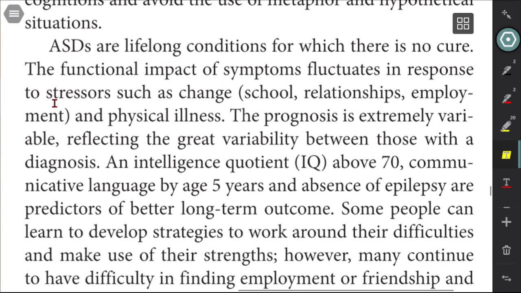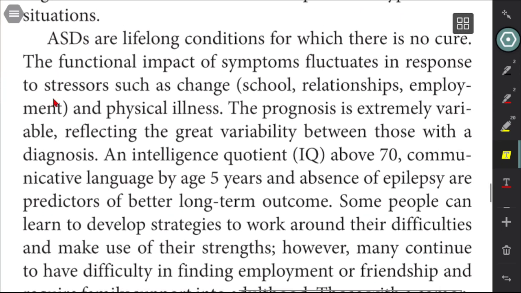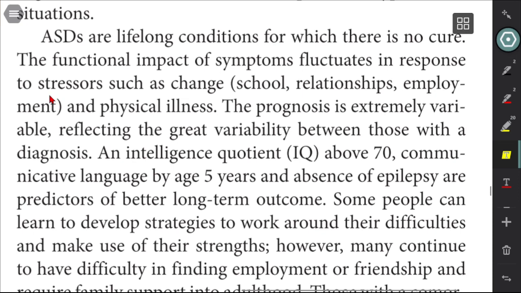ASD are lifelong conditions for which there is no cure. The functional impact of symptoms fluctuates in response to stressors such as change, school, relationships, employment, and physical illness. The prognosis is extremely variable, reflecting the great variability between those with a diagnosis.